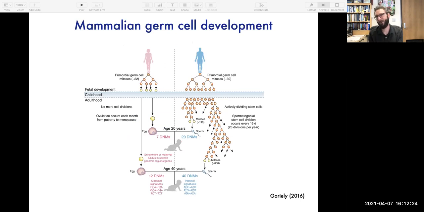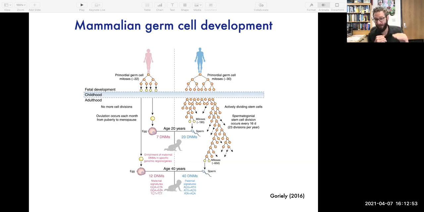There are multiple hypotheses for that, but the one that I'll stick with, and that our data seem to also support, is that both males and females have a relatively fixed number of cell divisions during development before the germline is set aside. You can see the numbers at the top. Maybe they differ a little bit. Males have 30, females have 22. Those numbers themselves are guesses from the size of the actual testes and ovaries.